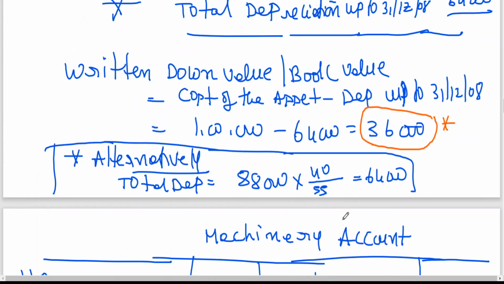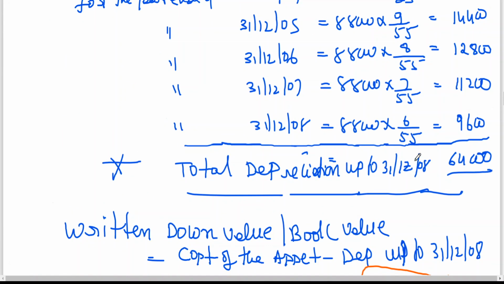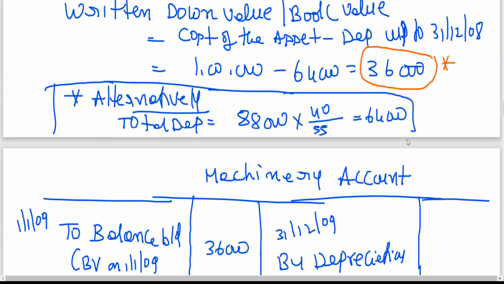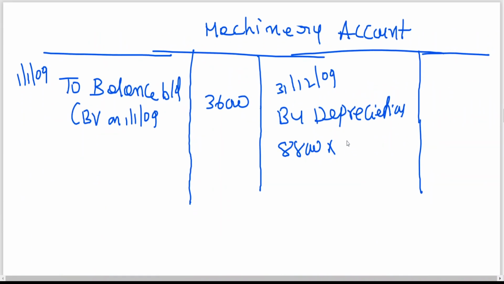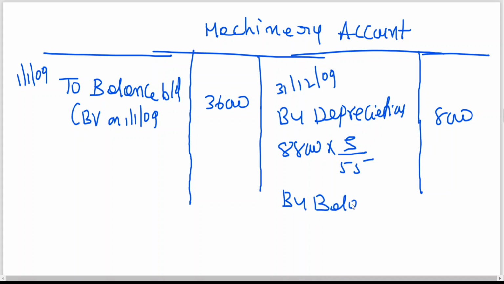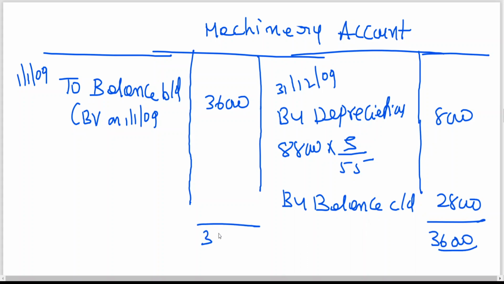We are in which year? 6th year, no? After 6 it will become 5, no? Into 5 by 55. You'll be getting how much, my dear friends? 8,000. Then you will write by balance carried down 28,000. Clear to all of you?